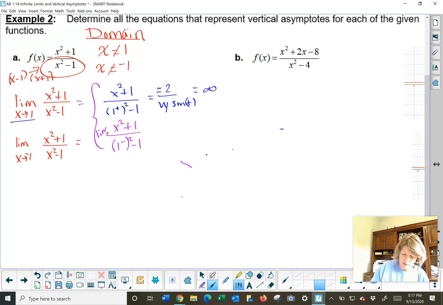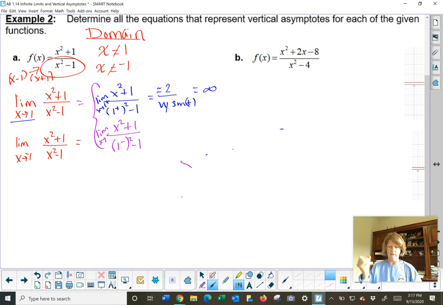So this limit, we're coming into x from the left, and that other limit, I came into the limit from the right. Now, on this one down here, if I come in from the left side of 1, that is going to give me something very, very small. It's going to be a very small negative value.